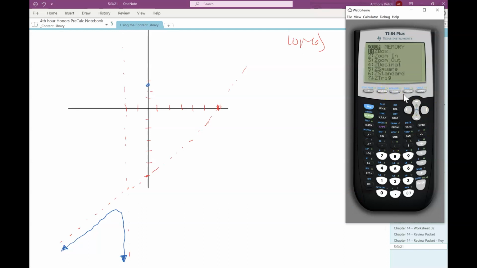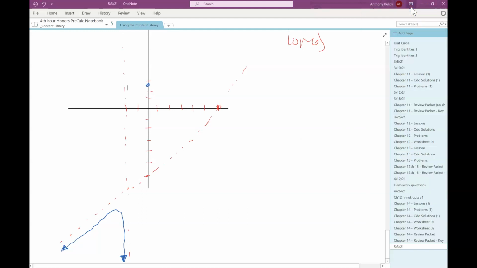This is strange. Let me just look at something real quick. Oh, sure. Okay.